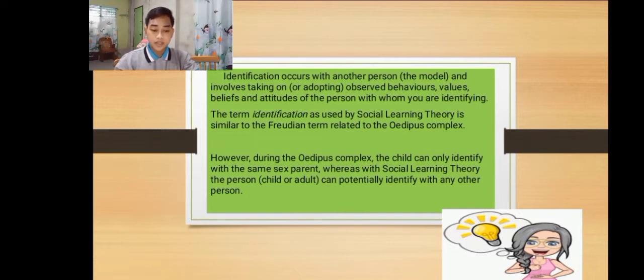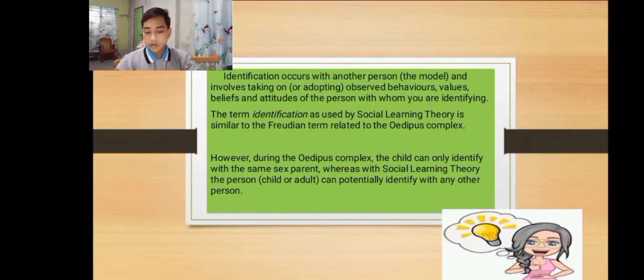The term identification as used by social learning theory is similar to the Freudian term related to Oedipus complex. So, nakuno sila kanang similarity. However, during the Oedipus complex, the child can only identify with the same sex parent.